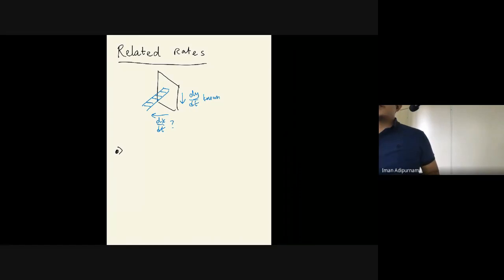One paragraph is telling you something, maybe going somewhere with some velocity, and then you need to calculate another velocity. For example, I'm going here and someone is passing by, and you need to relate their velocities to each other.